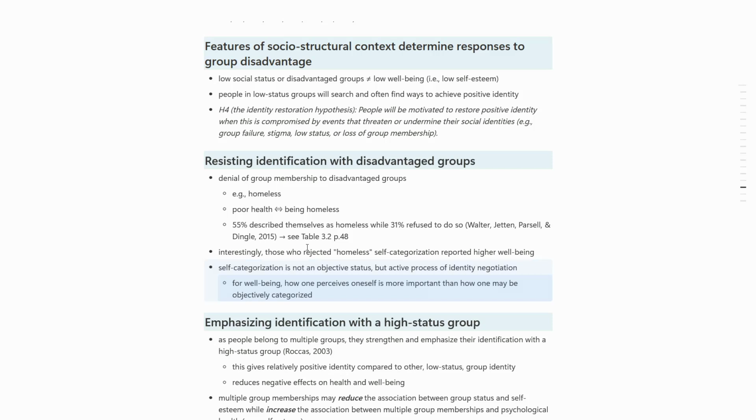So for well-being, how one perceives oneself is more important than how one may be objectively categorized. Okay. So this is really how psychology is important. It's not about which group you belong to, but about how you understand yourself as a member of which group.